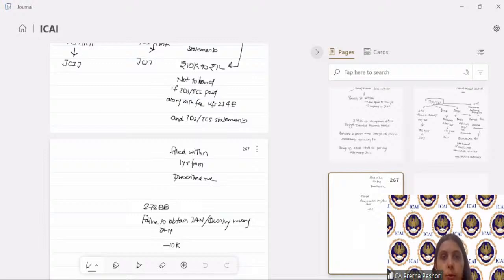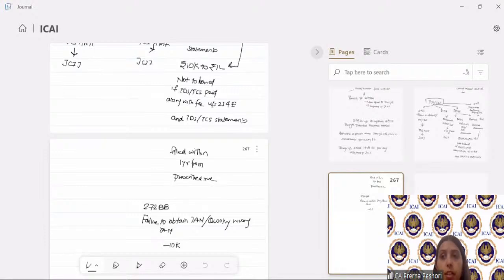Okay, so what we had done in the last class was we were talking about the TDS penalties, right? We were discussing the TDS penalties, isn't it? Now, a few other penalties which I would like to discuss with you are in relation to the maintenance of books of accounts, audit, and all of that.